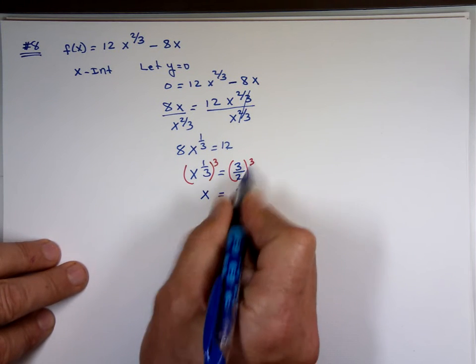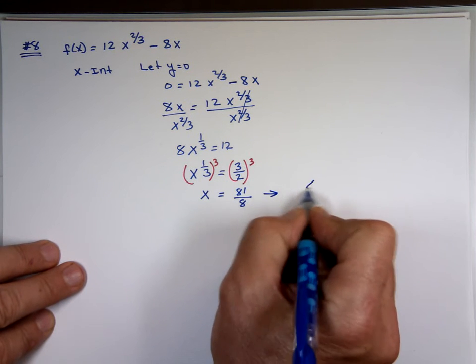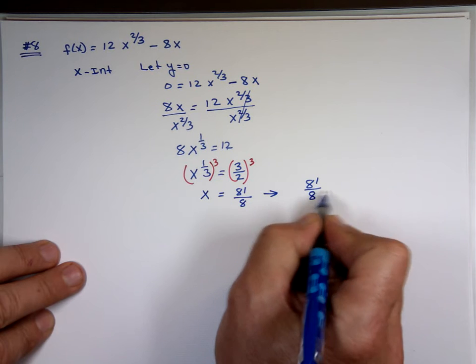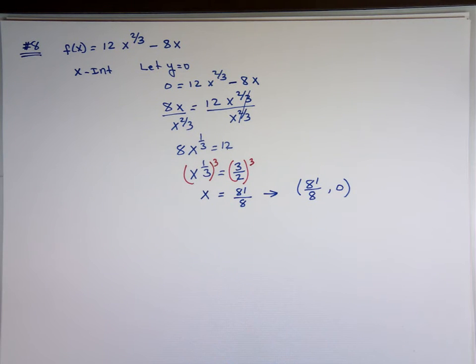So that's your x-intercept, 81 over 8 and 0. Again, they don't want to see decimal values, so you've got to do all this algebra. One thing about this class, like it or not, it made your algebra much, much better than when you came into the class. You probably don't like that, but it really did. There's a lot of algebra involved in that.